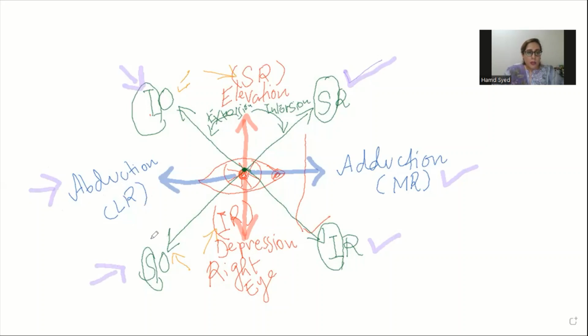Now, these are the muscles which perform the abduction of the eyeball. So the two obliques and lateral rectus are abductors of the eyeball, whereas the medial rectus with superior and inferior recti are the adductors of the eyeball. So this is a concept map which I drew for you. This will help us remember the main actions of the muscle when we are considering their actions from the primary position.